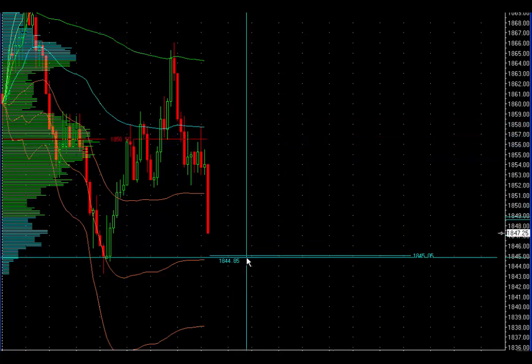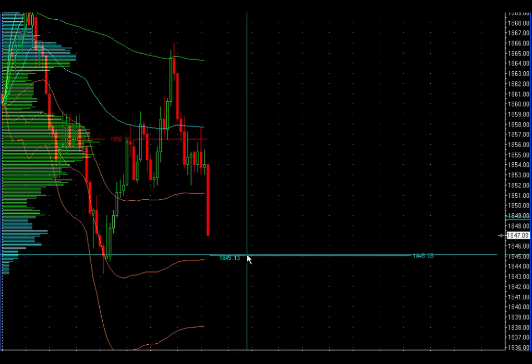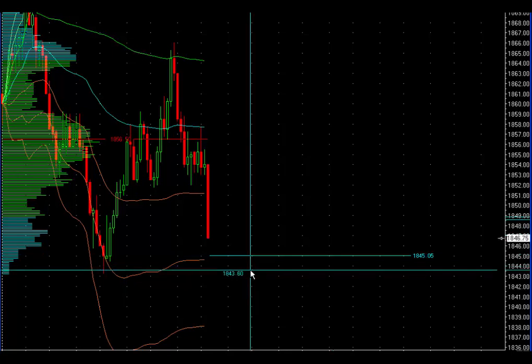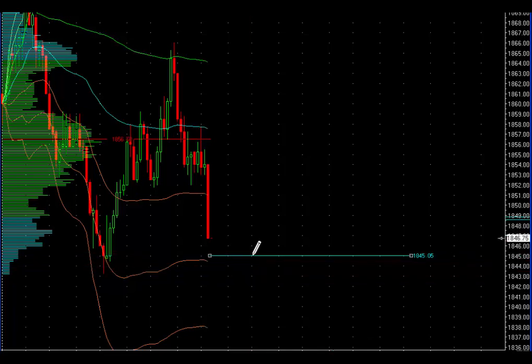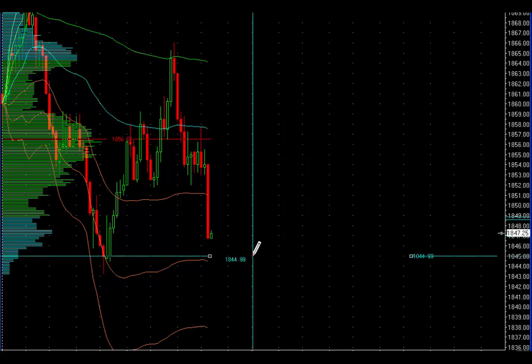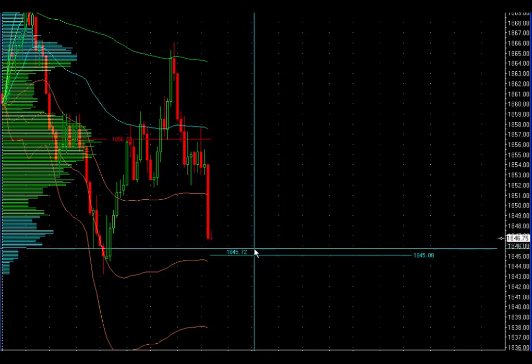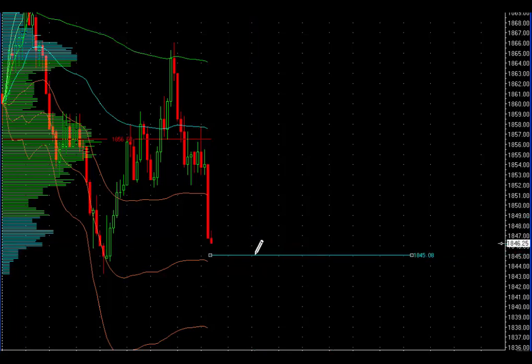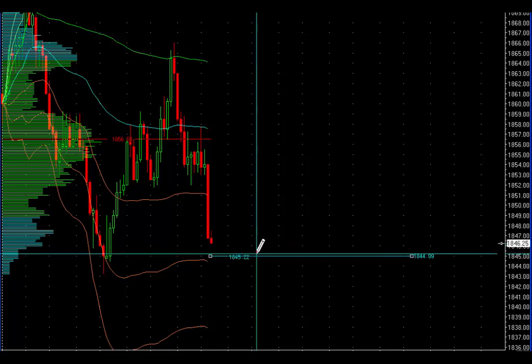Remember, in symmetric markets, price action tends to oscillate back and forth across the VWAP. So that's a real possibility here. But right now we're playing the breakout trade down to 845, if we get to that point.